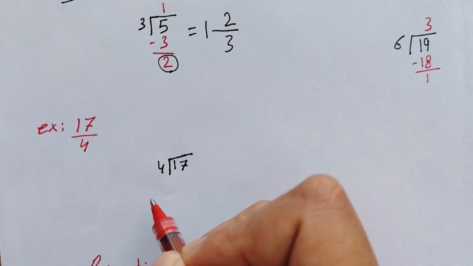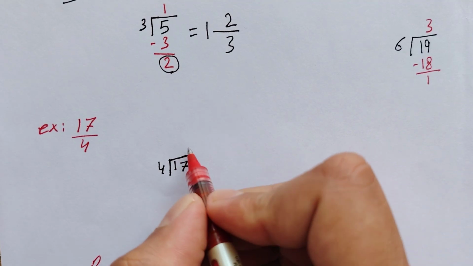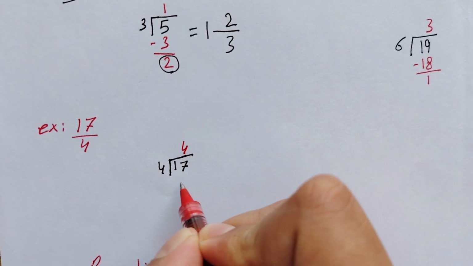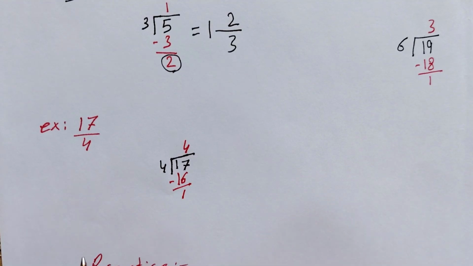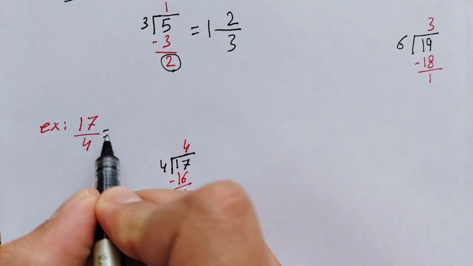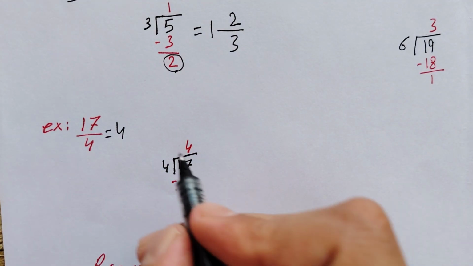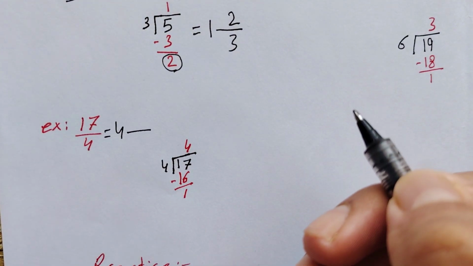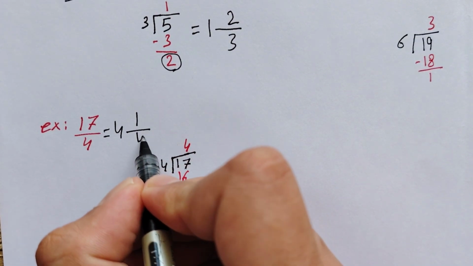What is the closest multiplication of 4 that's equal or less than 17, which is 4. 4 times 4 will be 16. Subtracted will be 1. Now our whole number is the quotient, 4. Then fraction bar, the remainder will be the numerator, and the denominator stays the same.